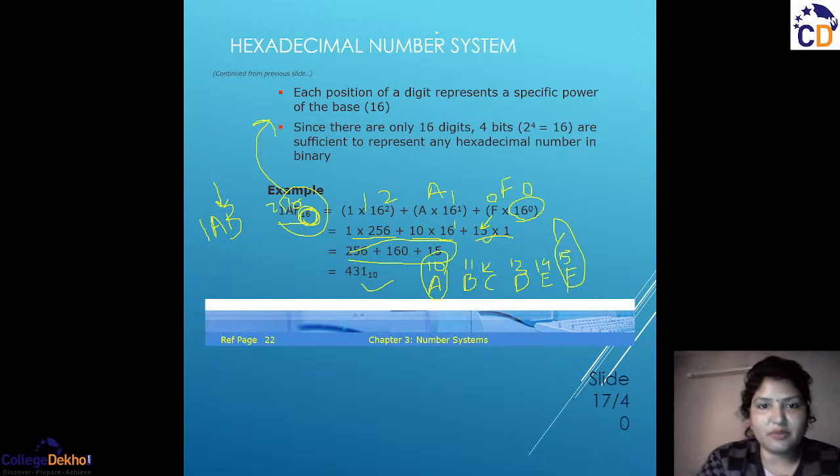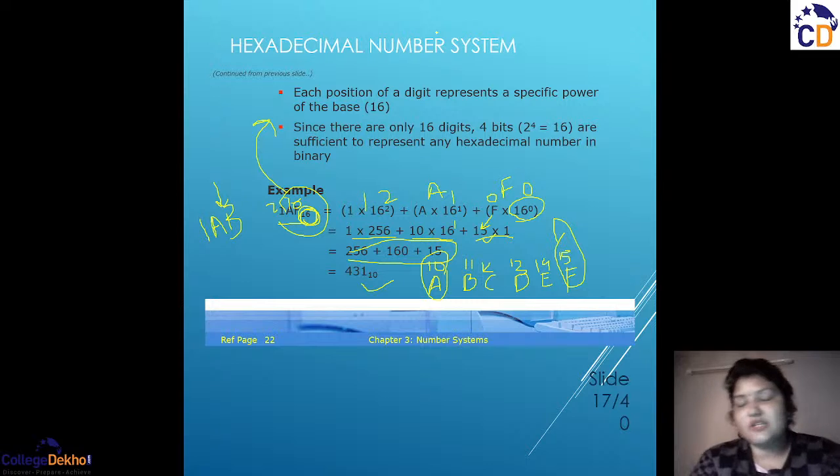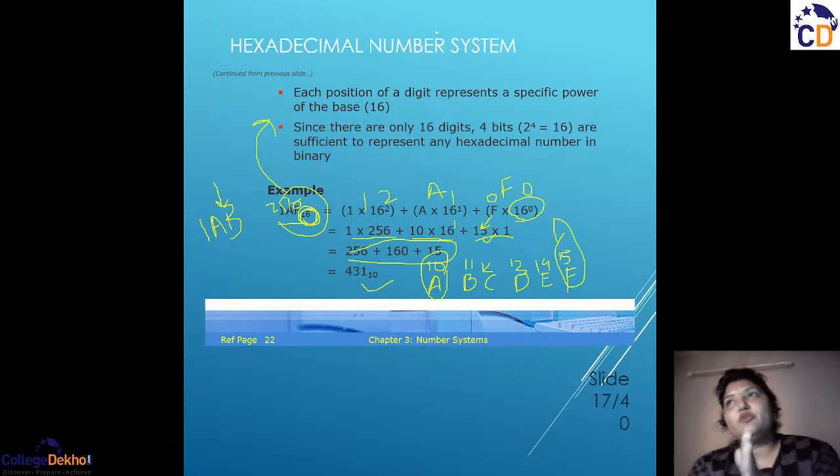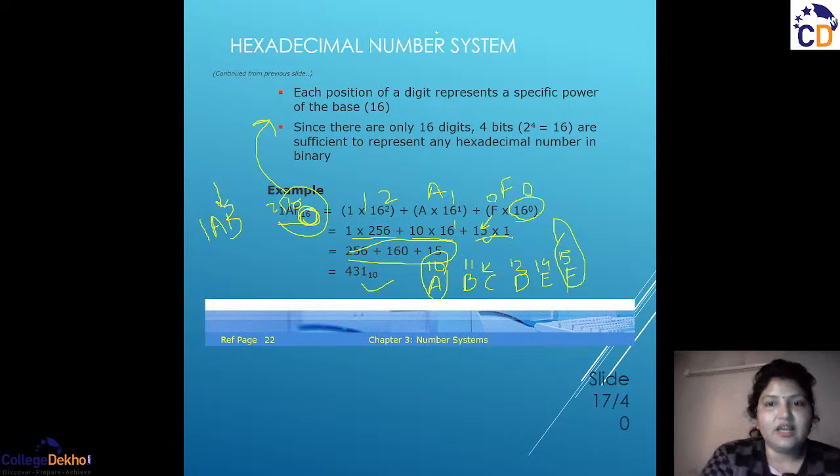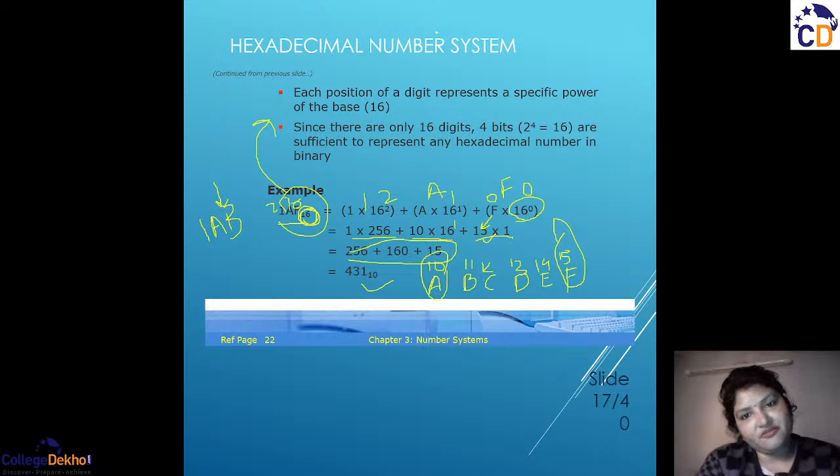Suppose you do not remember anything, you know hexadecimal has the base 16, just apply that. But before applying that, you have the last number, that is 50. You have to remember always the maximum value for a particular digit would be 15. It cannot be more than that. And 15 means F. 15 is representing F.